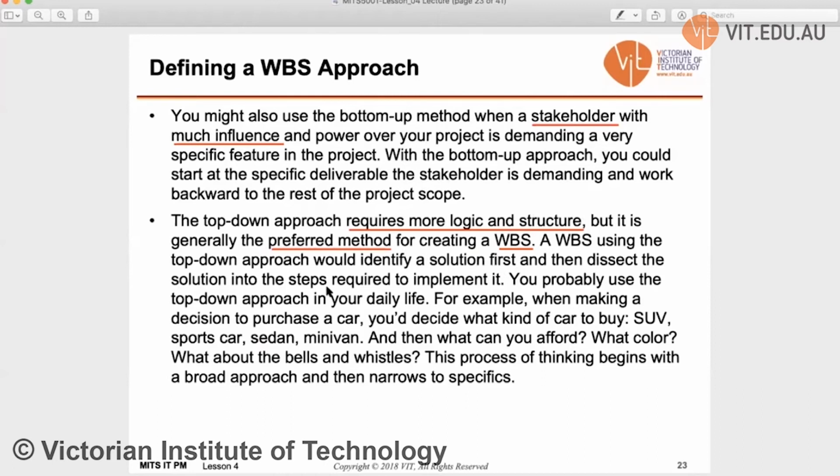We use the top-down method to identify a solution first, then descend into the different steps required to implement it. The example is simple here. When you make a decision about which car to purchase, you first decide what kind of car you buy, SUV. So you go from the top to a very specific solution.